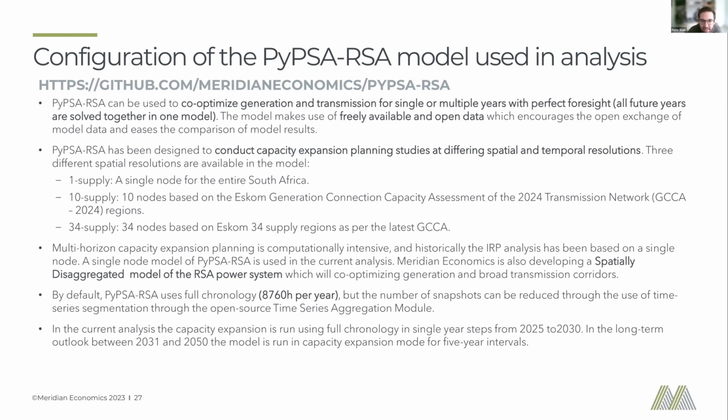In terms of the time series aggregation, what we have built in is a library called TSAM, the time series aggregation model. And what that provides is some mechanisms if you want to reduce the size of your models. It's basically an agglomerative clustering.